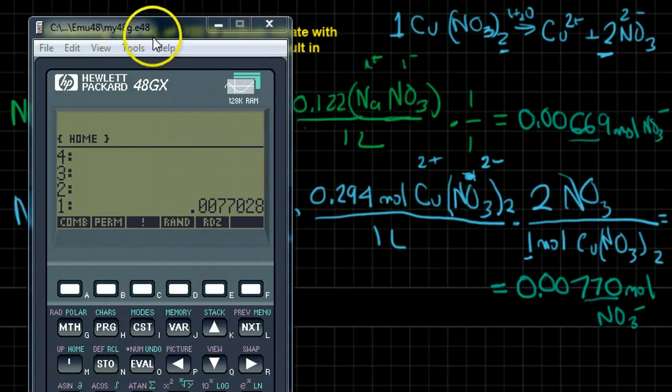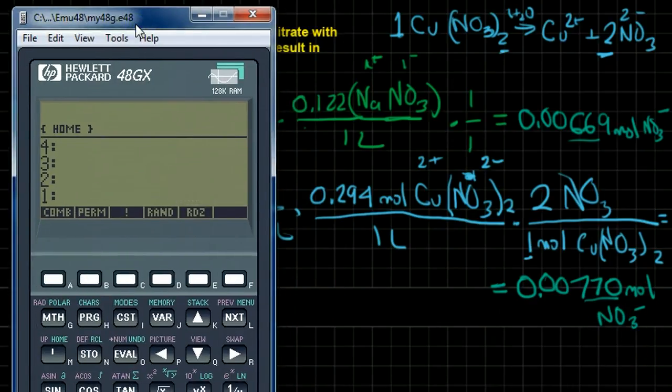Okay, now we need to add them up, right? And again, on OWL they like to round at every step, so we're going to round each of those and add them together. So we've got 0.00669, and I've got 0.0770.